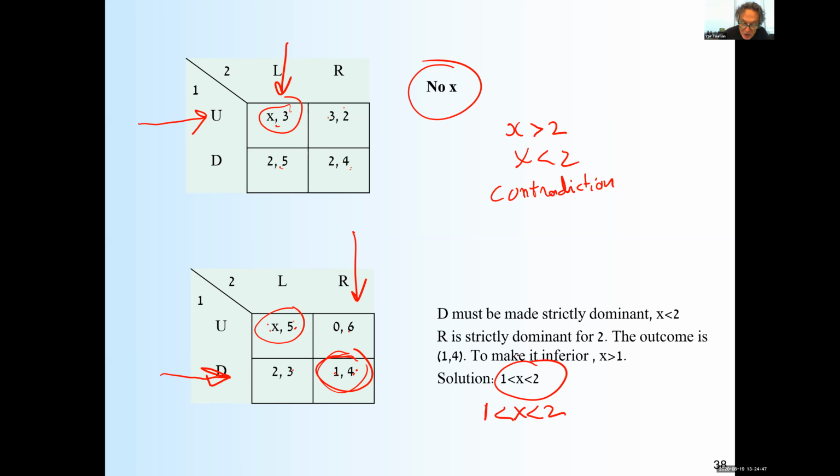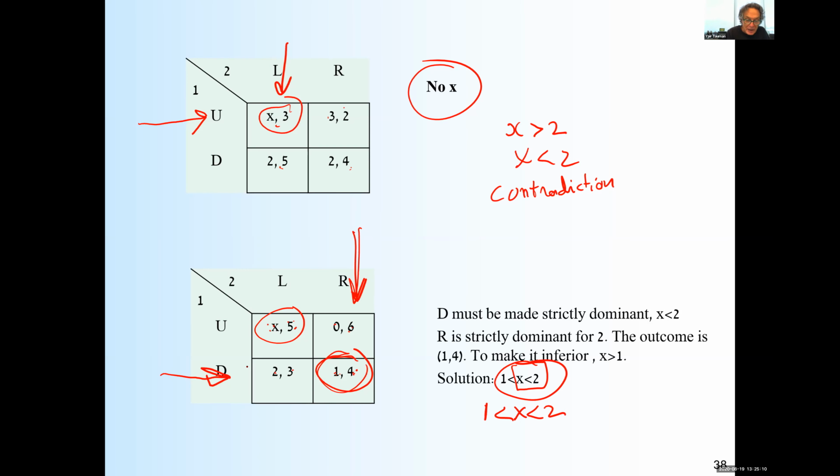So this condition was to make sure that down is a strictly dominant strategy. Why? 2 is more than x, 2 is more than x, 1 is more than 0, it's a dominant strategy. Here I don't need anything, 6 is more than 5, 4 more than 3, it's a strictly dominant strategy.